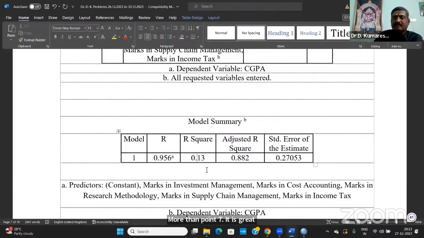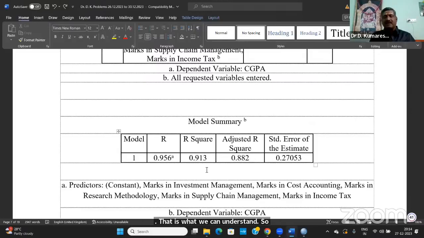If the R square is like this, the variables we have selected are not appropriate. We have not selected proper variables. That is what we can understand.